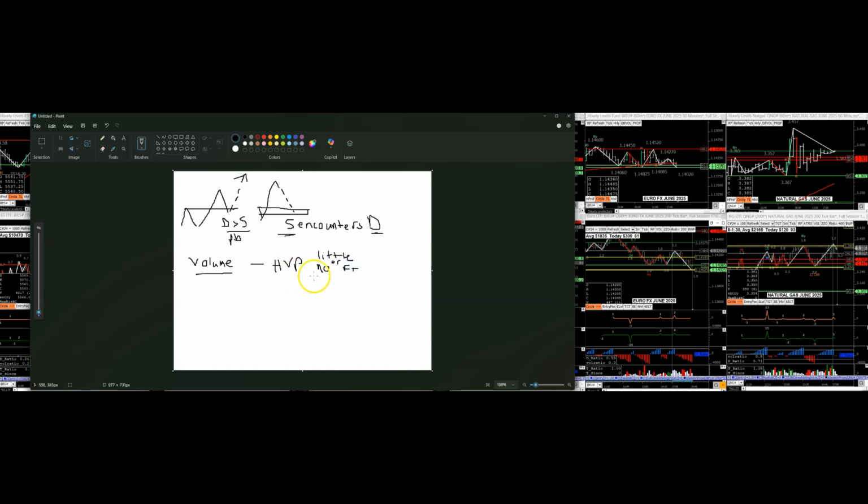Okay, so as the market goes down in this area, you'll see high volume prints with little or no follow through. That is one, right? And two, you will see effort.